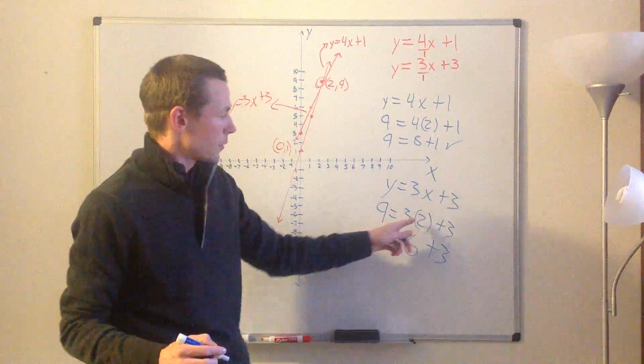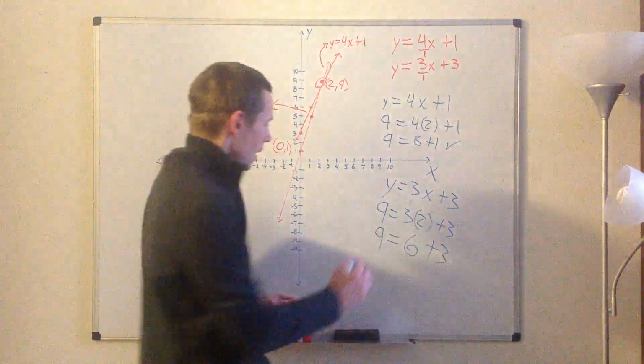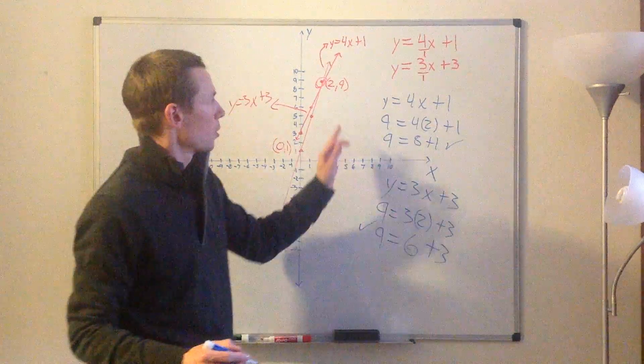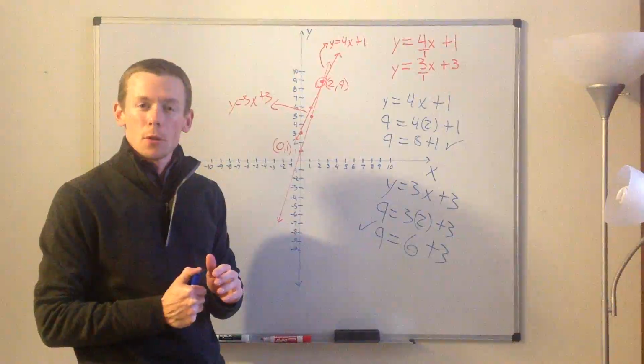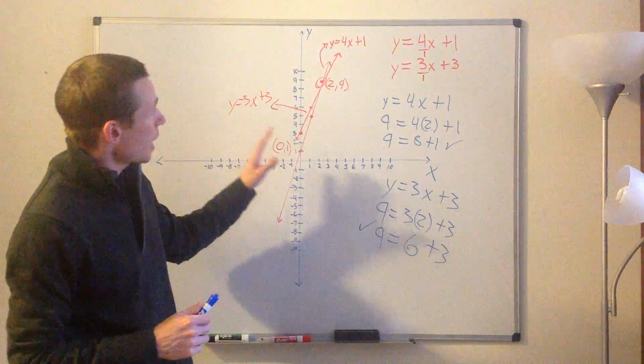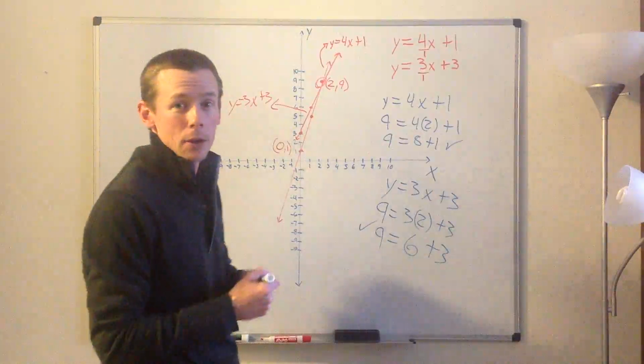So I get 2 in for x. 3 times 2 is 6. And does 6 plus 3 equal 9? Yes, it does. So the point 2 comma 9 is what satisfies both equations. And that is solving a system of equations by graphing.